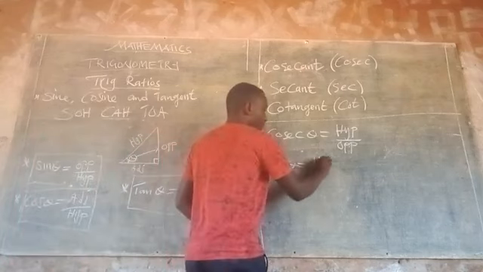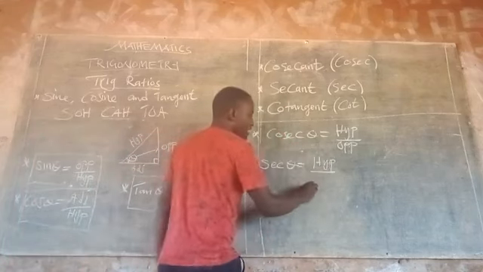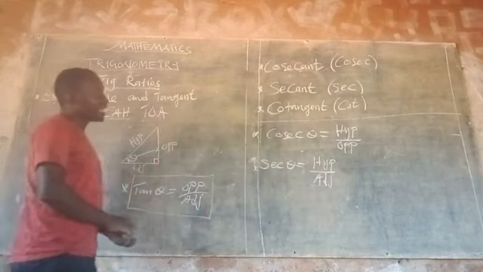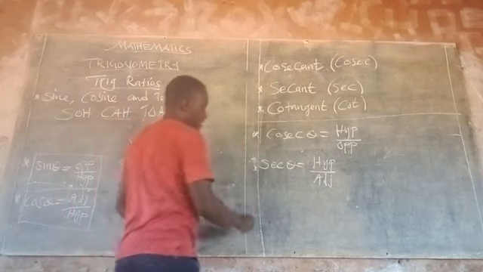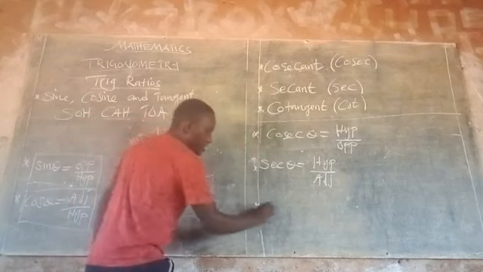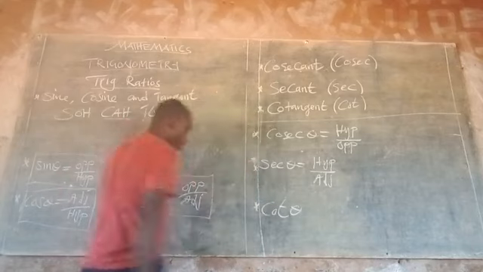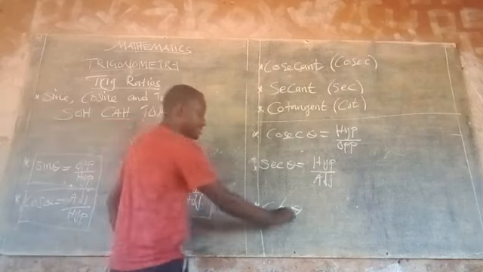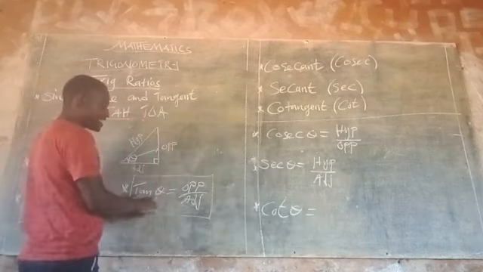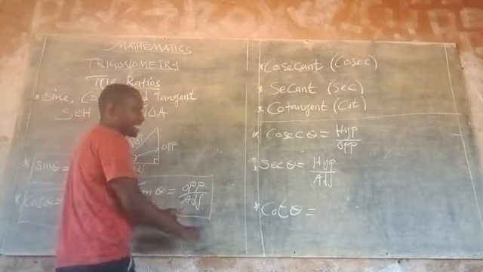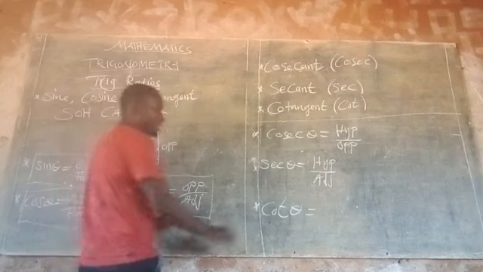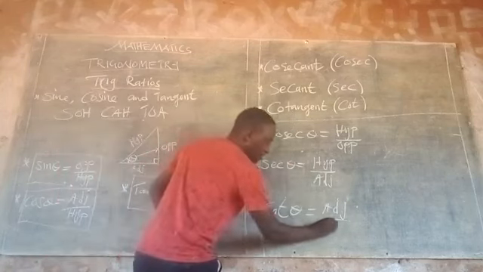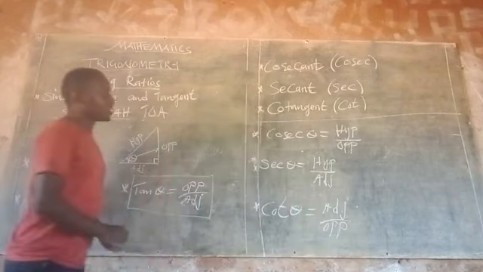And the last one, we have the cot. This cot goes with the tan. Since tan theta is opposite over adjacent, then cot theta is going to be adjacent over the opposite.